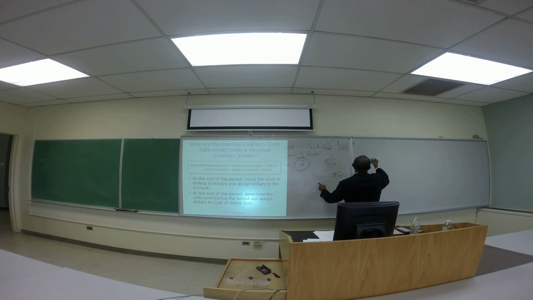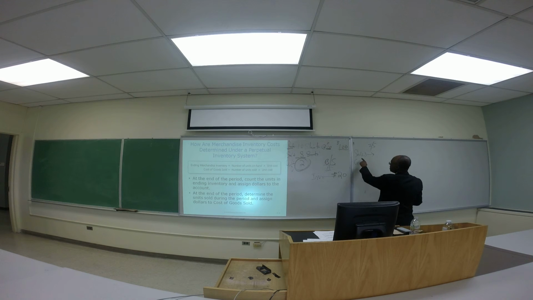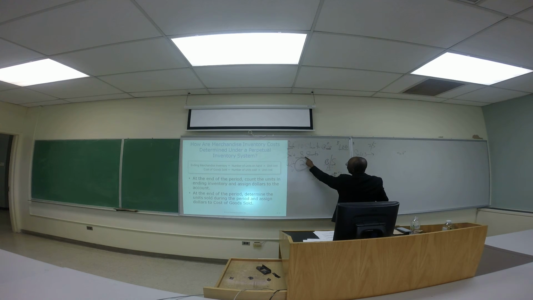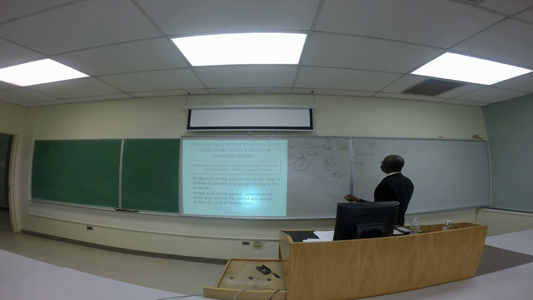So why do we need that? Because on the income statement, when we are preparing the financial statements, we have sales and cost of goods sold. Sales will be determined by the selling price. We bought each shirt for $10, so we can't sell each for $10. Let's assume that we decided to sell each one for $20.